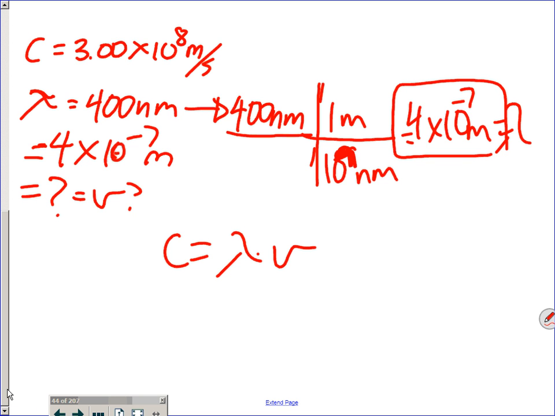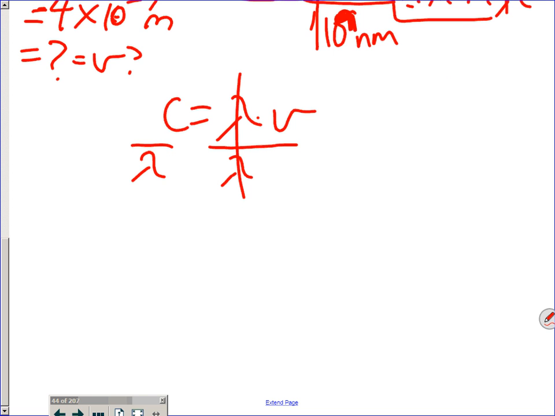How do I get V by itself? Divide by what? Lambda, wavelength, whatever you want to say, okay? You have to do it on both sides, just basic math. When you divide by lambda on this side, it cancels out, and then we end up with C over lambda is equal to V.